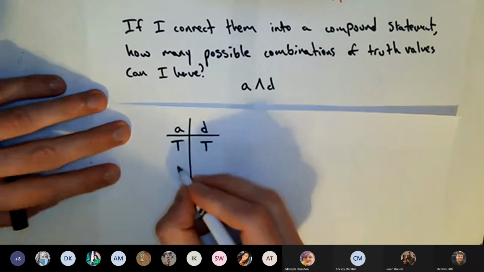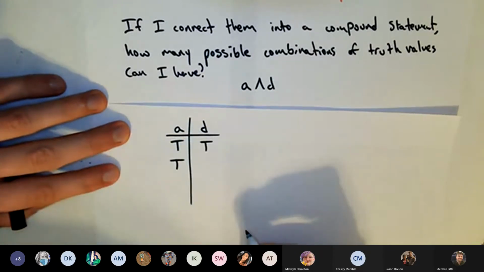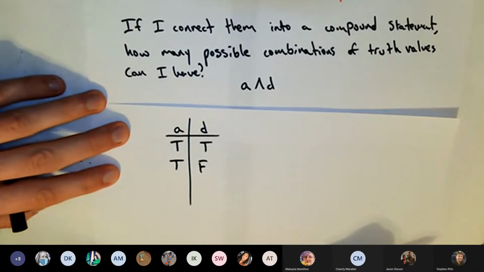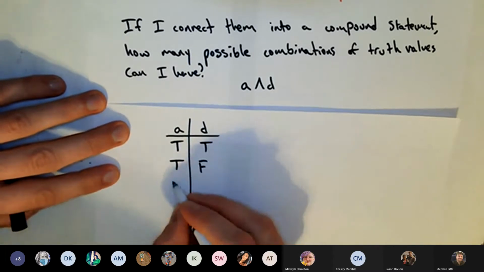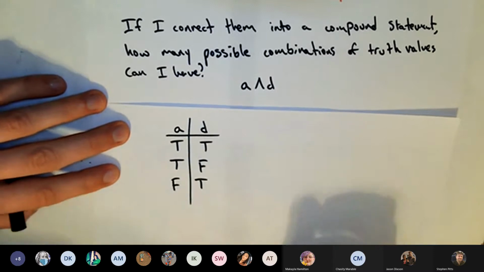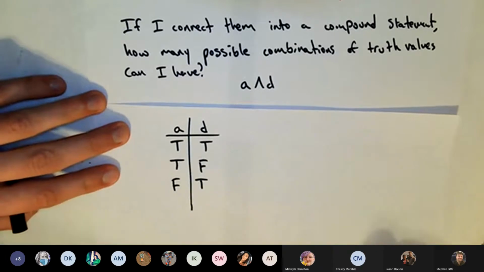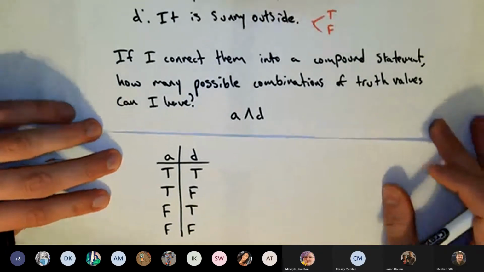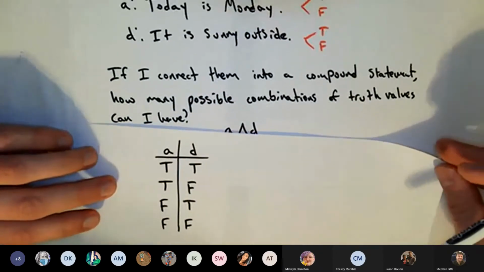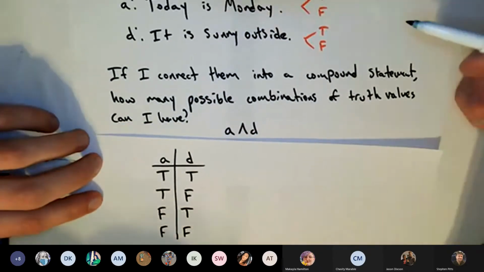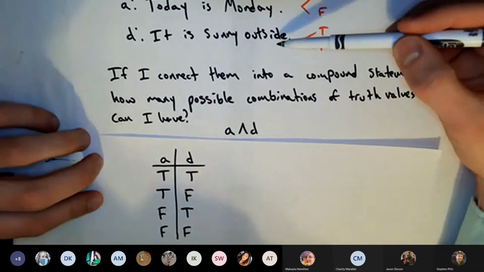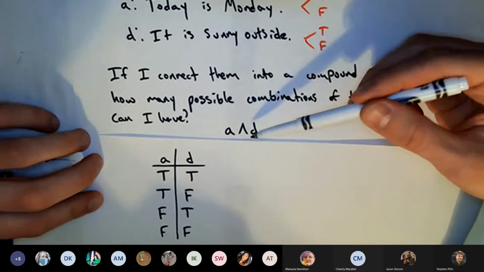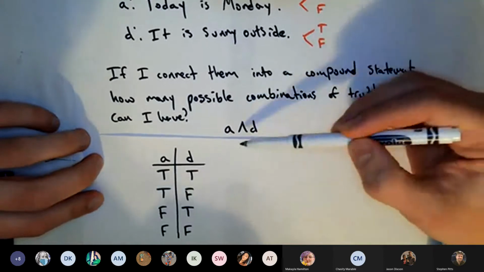I could have the first one being true and the second one being false, right? I can have the first one being false and the second one being true, and I can have them both being false. So I have four combinations for two simple statements connected with a connection piece. It doesn't really matter what it is. I haven't even really talked about the "and" yet.